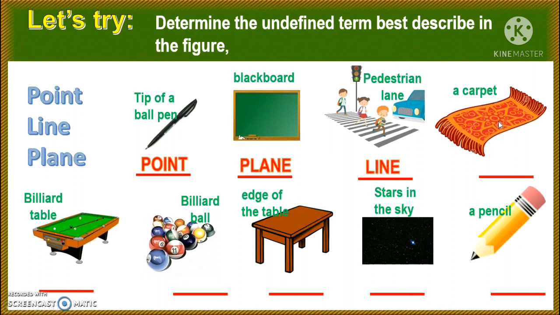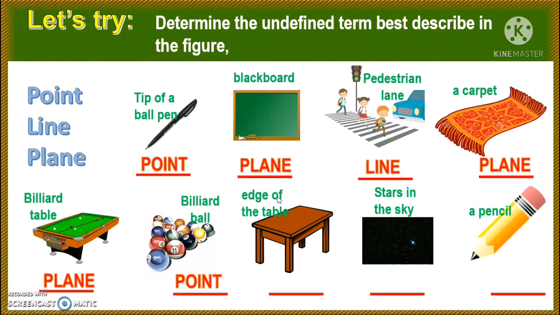Next figure, a carpet, best describes a plane. Next is a billiard table. This describes a plane again. Sunod, billiard ball. Kanina billiard table, ngayon billiard ball, so this describes a point.